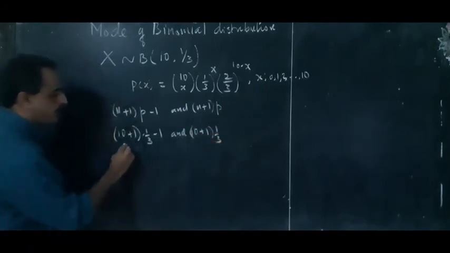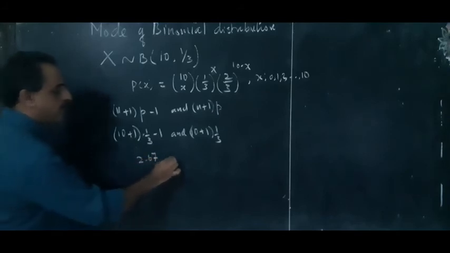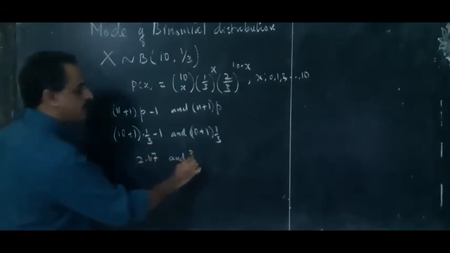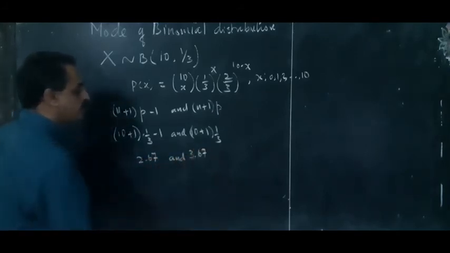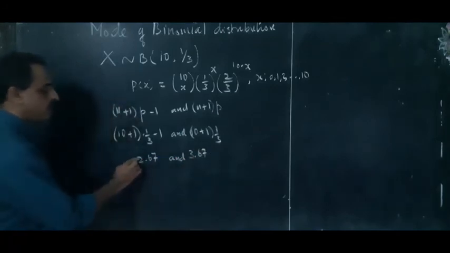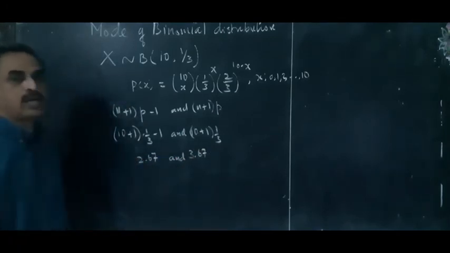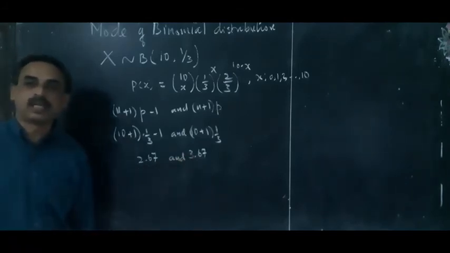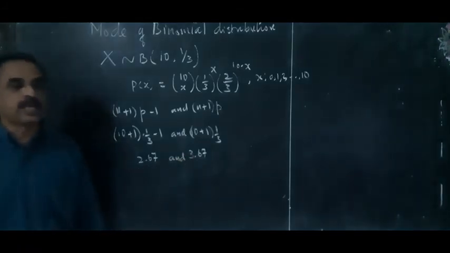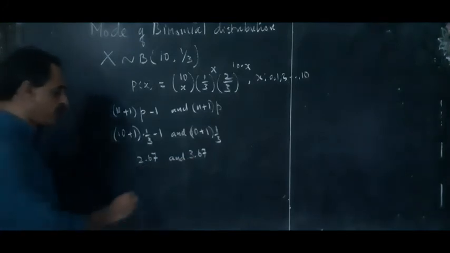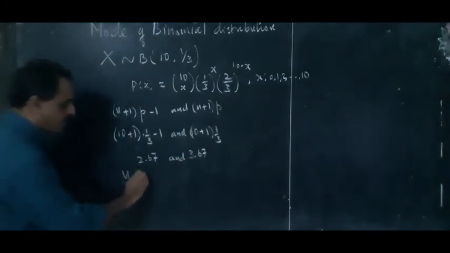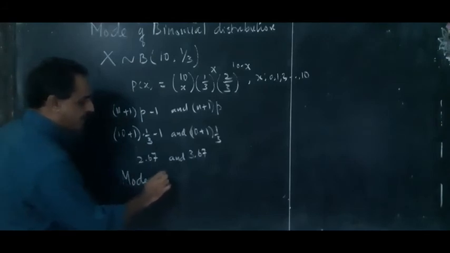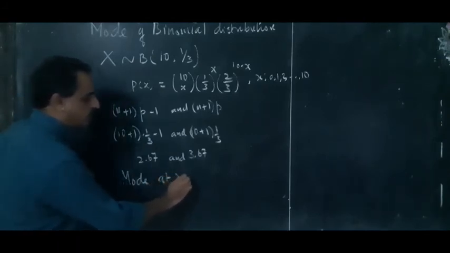This is 3.67 minus 1, that is 2.67, and on the other side it is 3.67. So the mode of the binomial distribution is the unique whole number that lies between 2.67 and 3.67, and you can see that it is 3. Therefore, in this case, the mode of the binomial distribution is at x equal to 3.